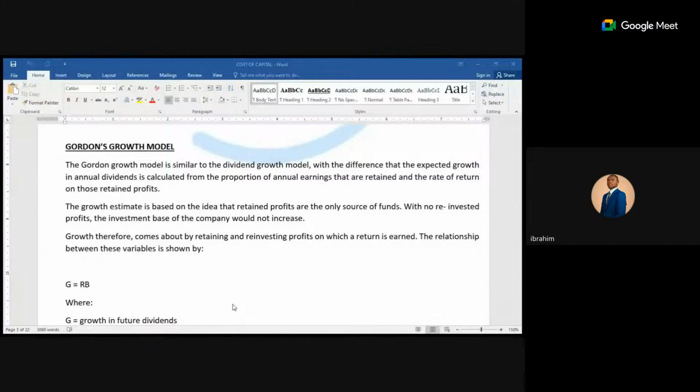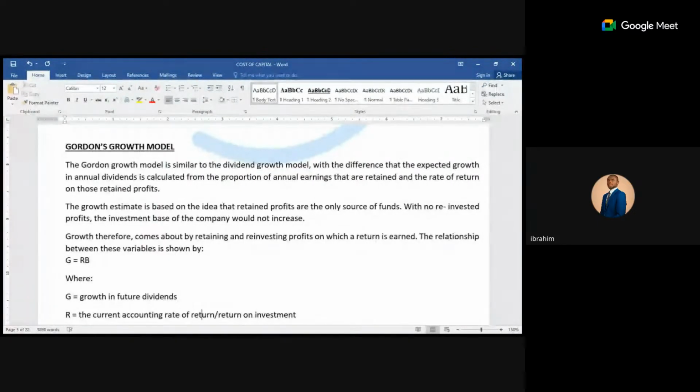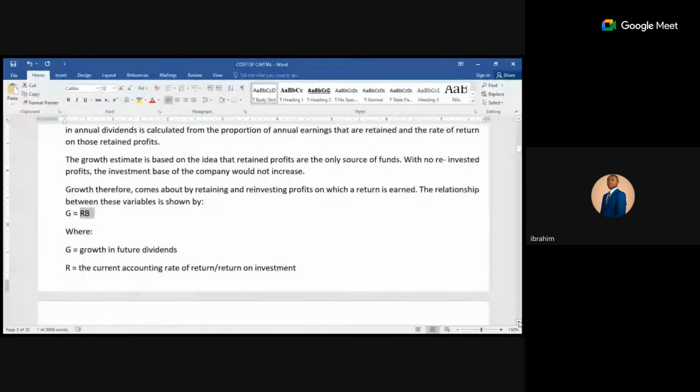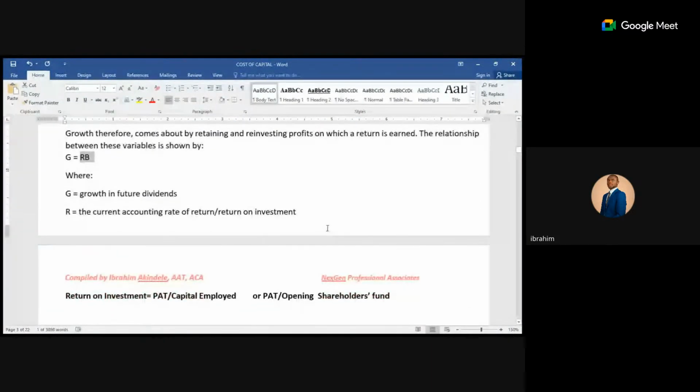So Gordon's growth model makes use of accounting profit. So how do we determine the growth rate using the Gordon's growth model? G equals RB, where R is the return on equity, the return on investment.